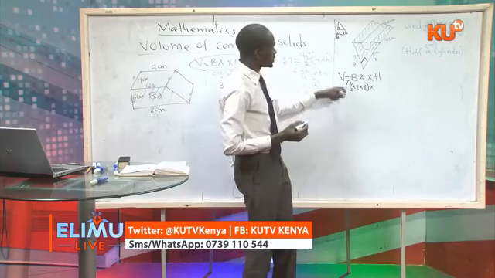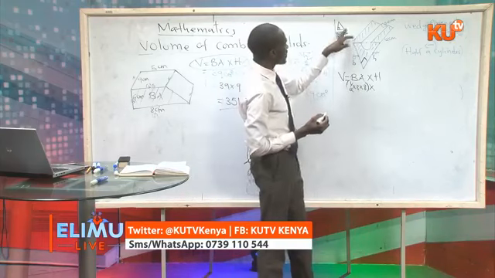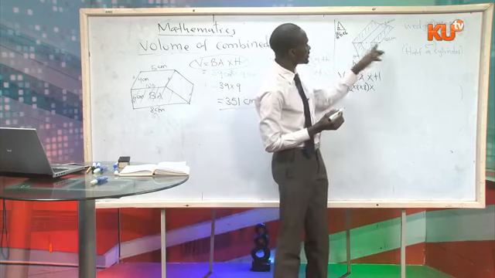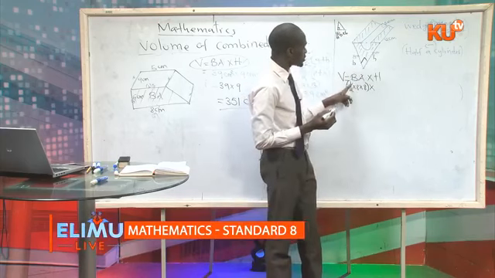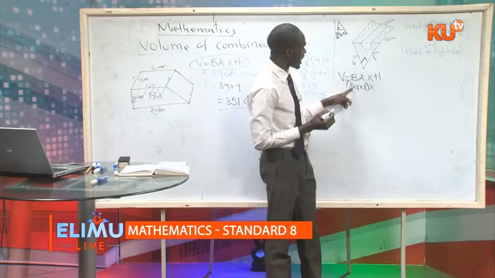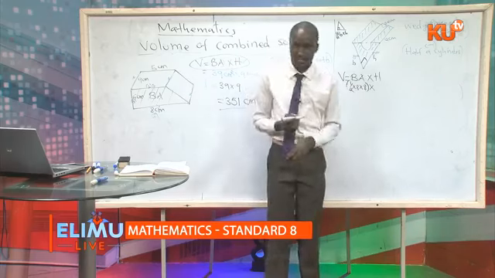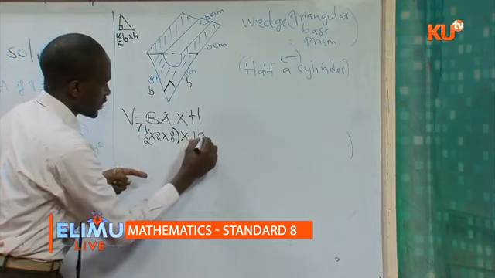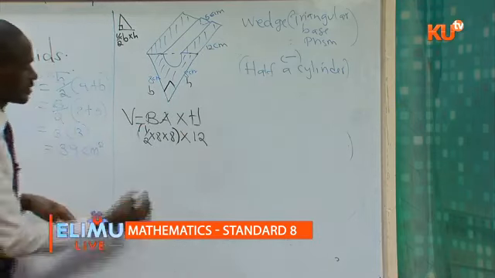So go do it one by one. That's why we have even drawn this one, so that you can see that we are dealing with a triangle. So a triangle is half times base times height. Then by 12 for this one.